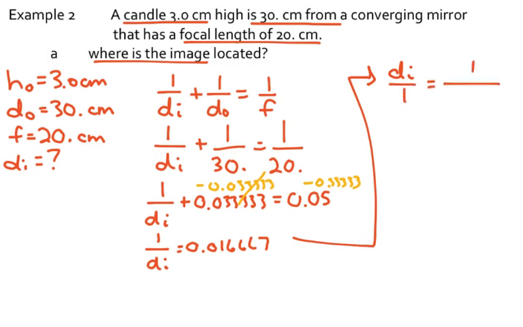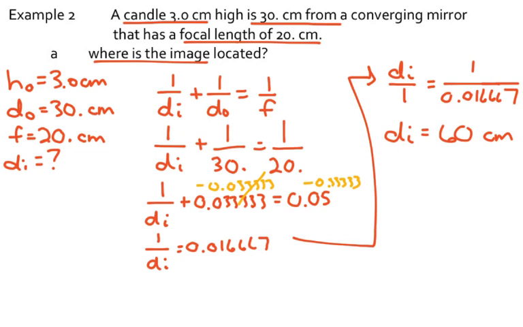The right becomes 1 over 0.016667. DI over 1 is DI. Left works out to 60 centimeters.